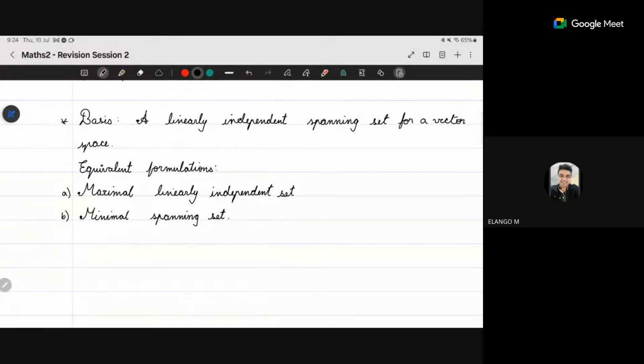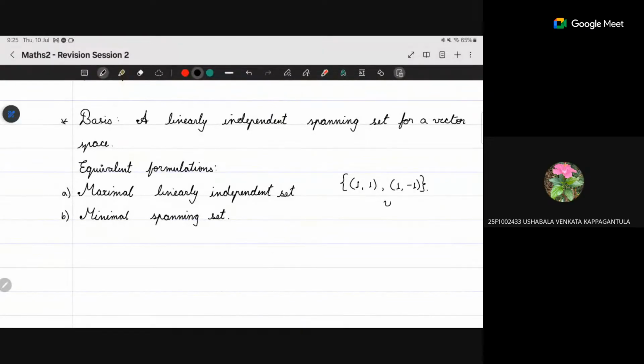If a set is linearly independent and adding any vector makes it linearly dependent, then we call this a maximal linearly independent set. For example, take (1,1) and (1,-1). Is this linearly dependent or independent? Independent, because one is not a multiple of the other, or you can do the determinant or whatever.